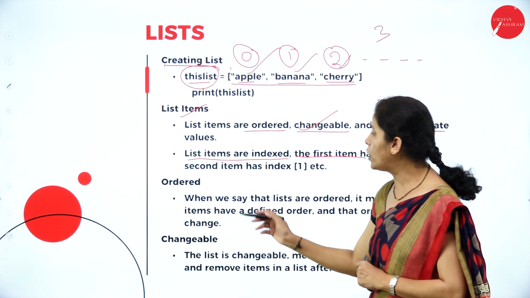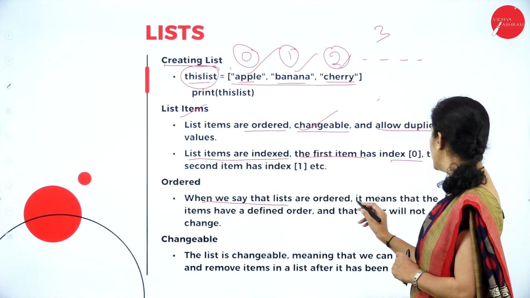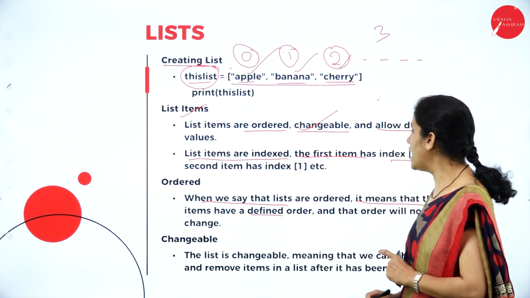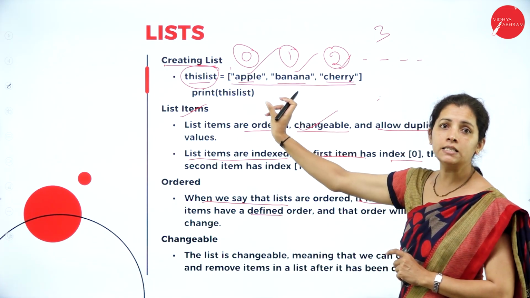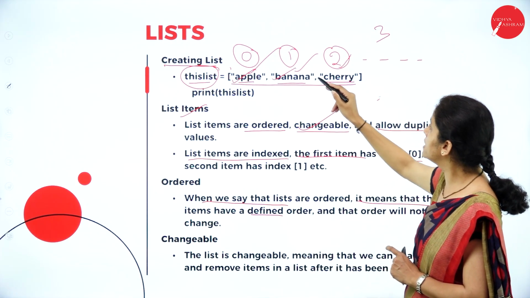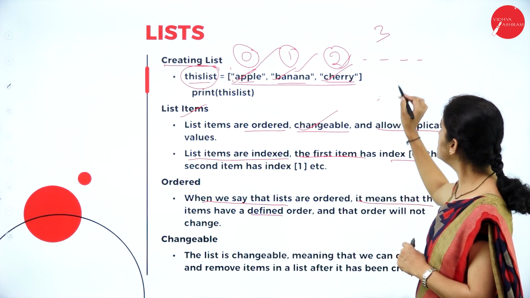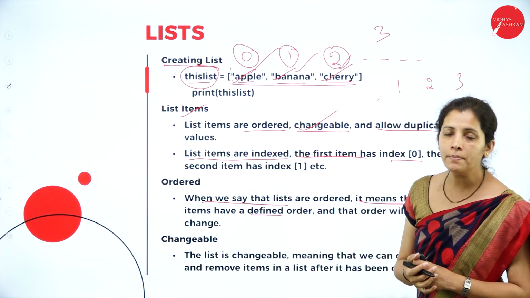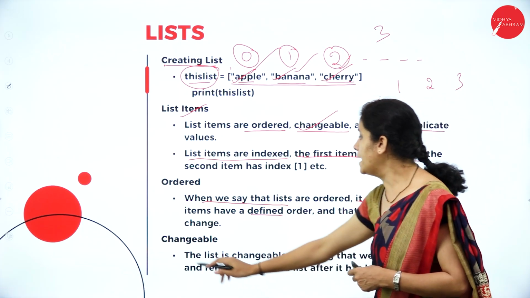Then what about ordered? When we say that lists are ordered, it means that the items have a defined order. If I consider this one, it is in alphabetical order. So A first, then B, then C. It is in alphabetical order. And if I consider numbers 1, 2, 3, the numbers may be either in ascending or descending order. And changeable.